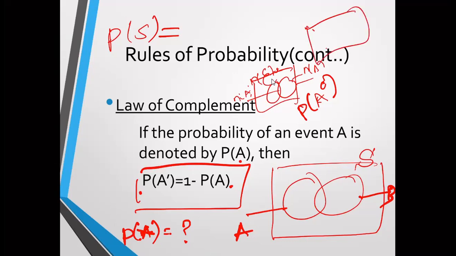This is the universal set, A, B. The probability was given here, like 0.85, 0.1. I can't remember the values.